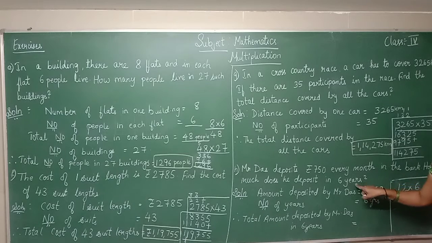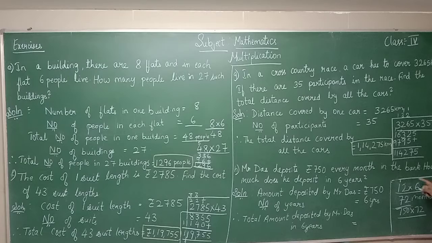He is asked for 6 years, right? For 1 year, there are 12 months. For 6 years, how many months are there? 6 twos are 12, 1 carry. 6 ones are 6 plus 1 becomes 7. So total it is 72 months. So for 72 months, we are going to calculate rupees 750.